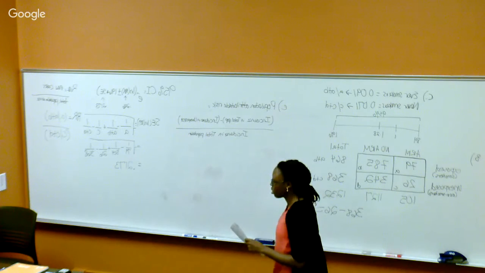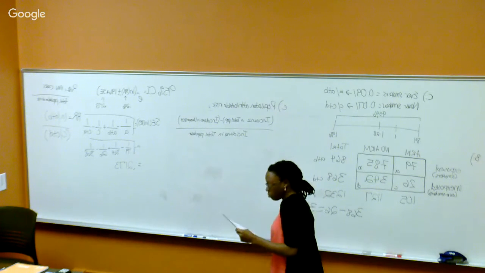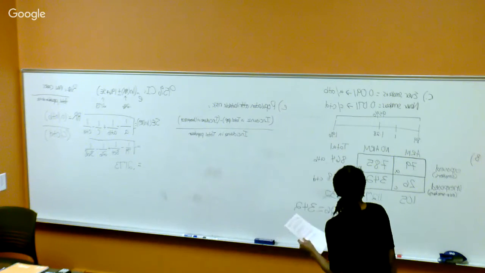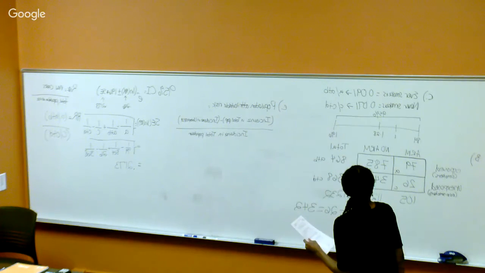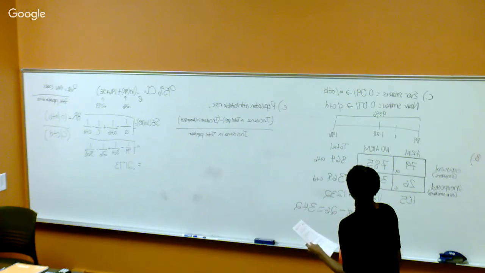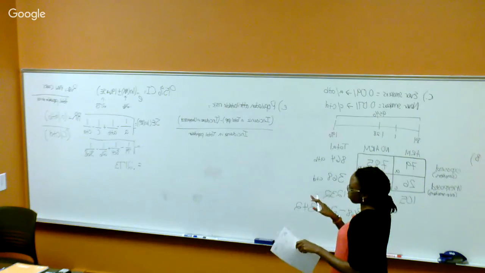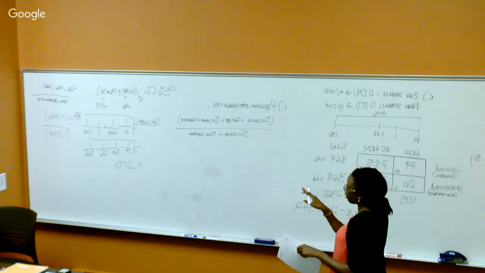So is incidence in total population going to be the incidence of smokers plus the incidence of non-smokers? Yeah, you're looking at overall, so you're not splitting it by smoking and non-smoking. You're looking at the total population.